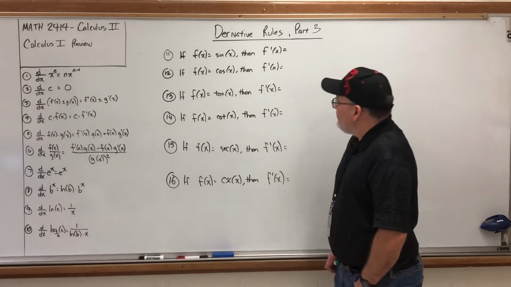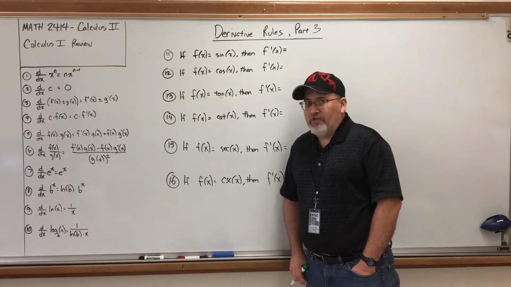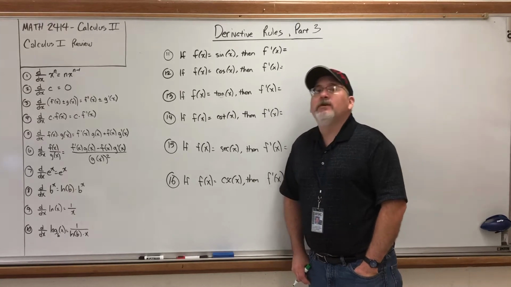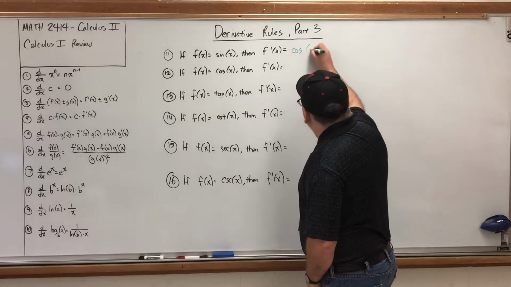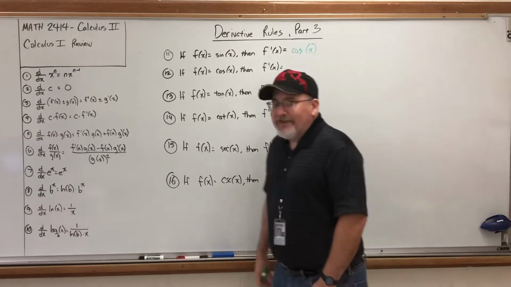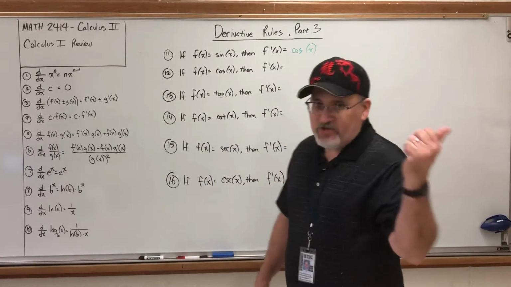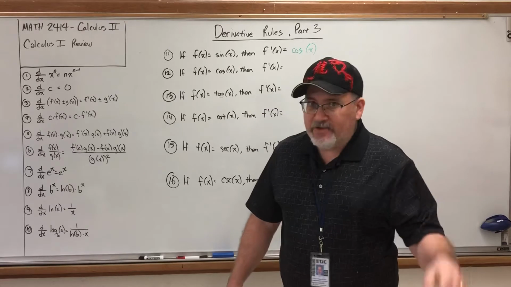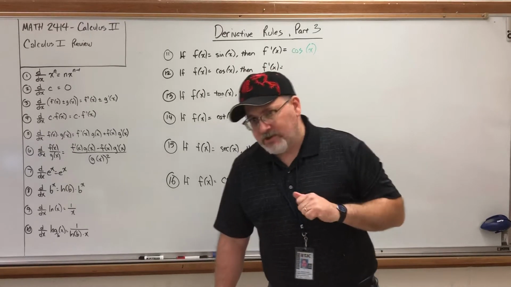If f of x equals sine of x, then f prime of x is equal to. Most of you already know that the derivative of sine is cosine. And by the way, I expect you to know things like sine is opposite over hypotenuse and cosine is adjacent over hypotenuse and all that jazz. I expect you to know things about 30 degrees, 45 degrees, and 60 degrees.